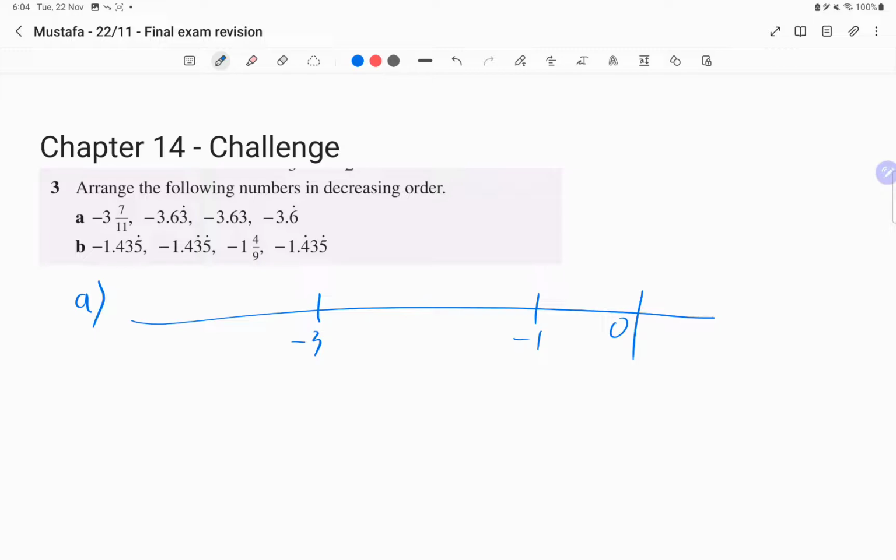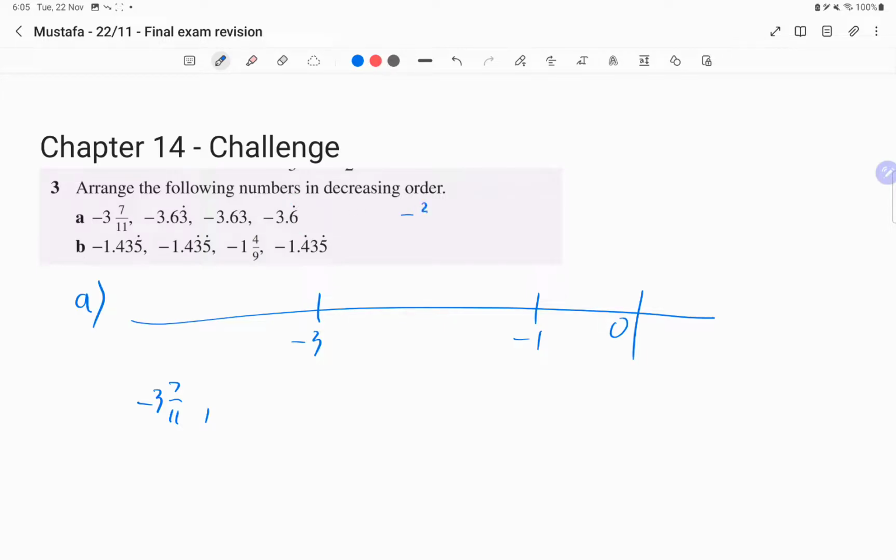Yeah, I got confused with the negative thing. Okay. So negative 3 and negative 3.042. And then it's negative 3.6. Wait, no. Yeah, negative 3.6 recurring?